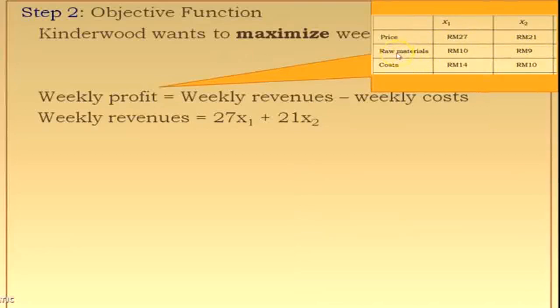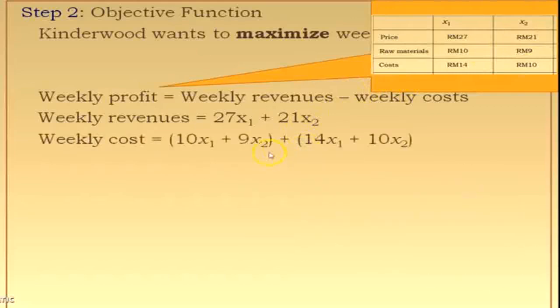Weekly raw material cost is 10x1 plus 9x2, and weekly labor and overhead cost is 14x1 plus 10x2. Therefore, weekly production cost is 24x1 plus 19x2.